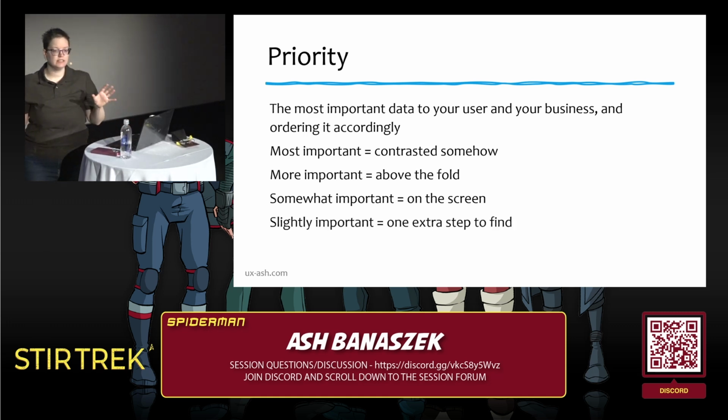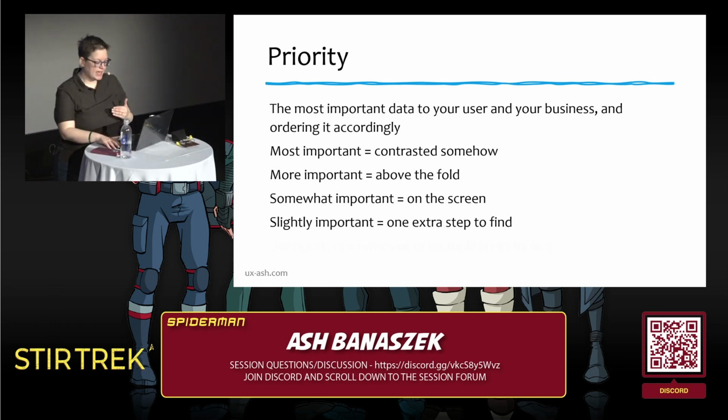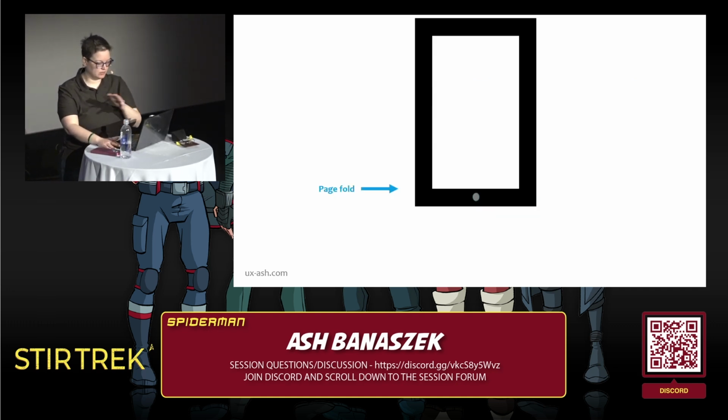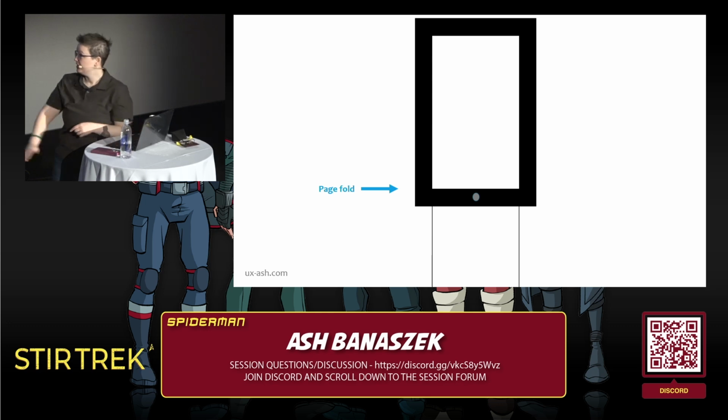If it's slightly important, generally you want one extra step to find. So you have to click into a menu, or you have to open up an accordion or something. And if it's unimportant, maybe you remove it from the page, or it takes you multiple steps to find it. Because everything can't be on the page, right? So this is your page fold. Important stuff up there, less important stuff below the fold.